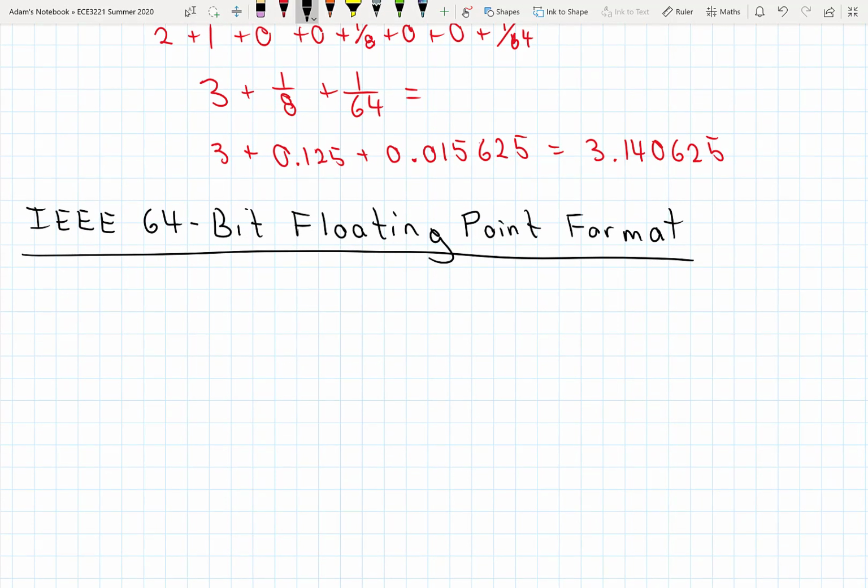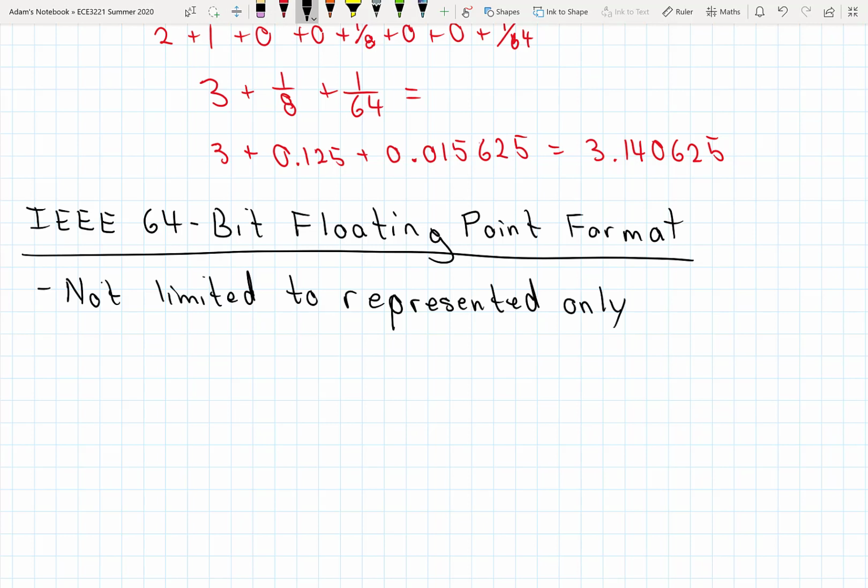Okay, so floating point is not limited to represent only integers, although we've now shown that with fixed point we can show fractional values, but with some limitations in precision.